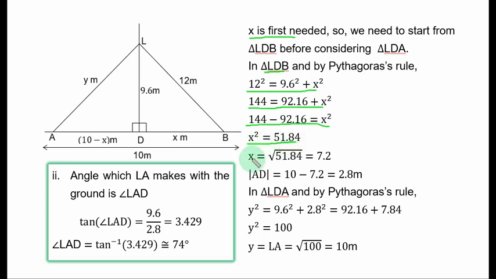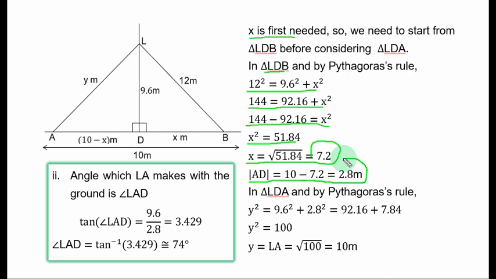To get s, take the root of both sides, so s is equal to square root of 51.84, and that is 7.2. What we actually need is AD, but BD is needed first. So AD is equal to 10 minus BD, 7.2, and that is 2.8.